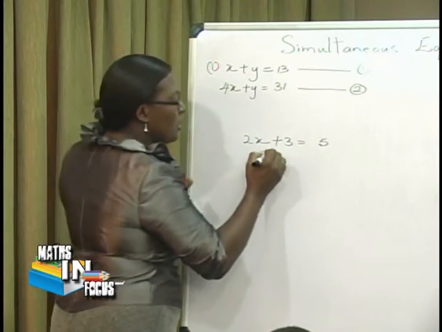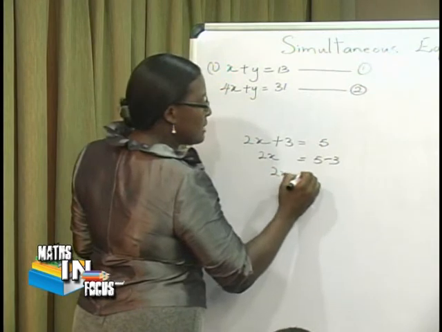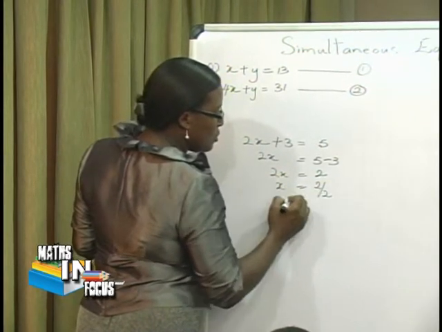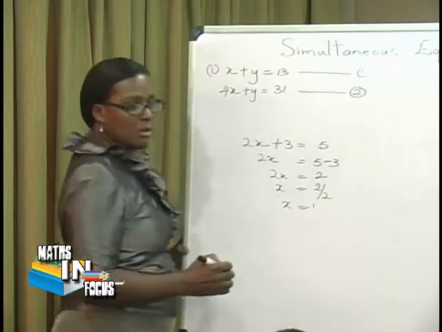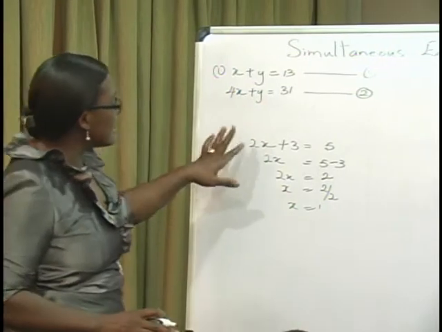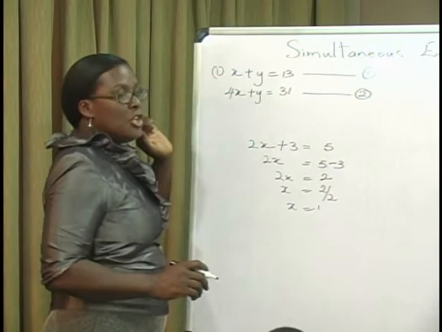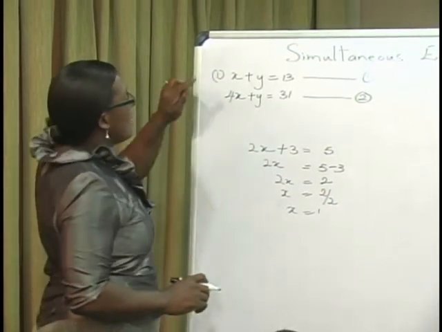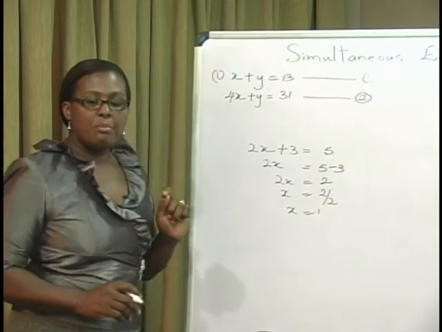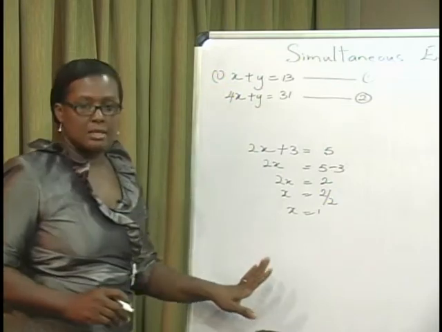So we have 2x is equal to 5 take 3, 2x is equal to 2, x is equal to 2 divided by 2, x is equal to 1. Without a problem, we could have found x, because this is a simple linear equation. In these up here, we notice two variables, an x and a y. And because we have two variables in those, we cannot proceed in this manner.